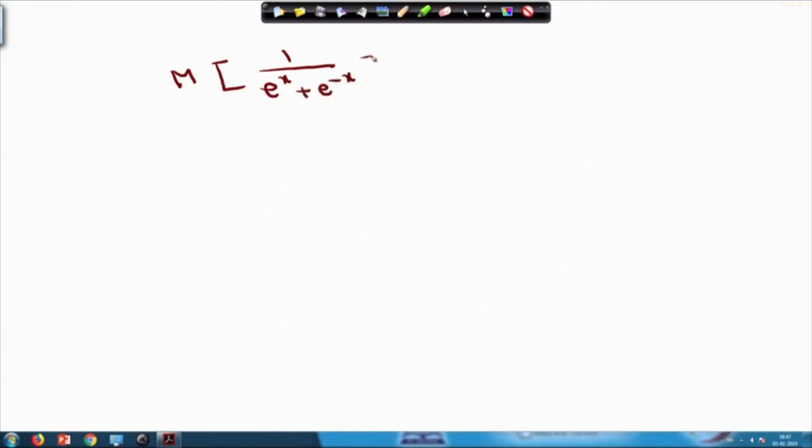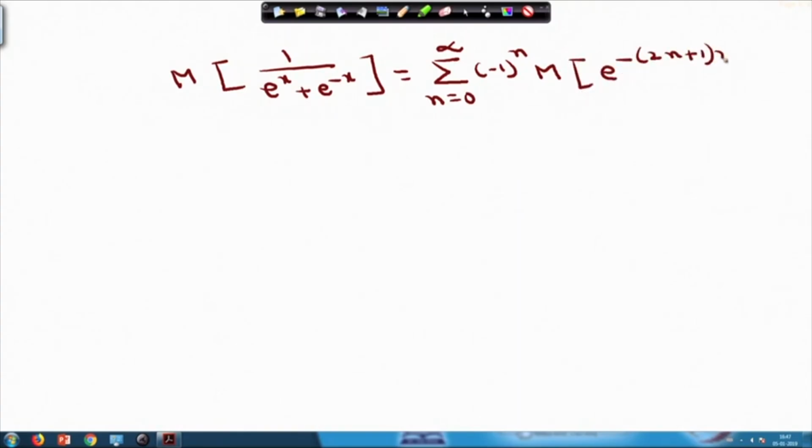So, from here we can write down the Mellin transform of 1 by e power x plus e power minus x. This equals summation n equals 0 to infinity minus 1 to the power n, Mellin transform of e power minus twice n plus 1 into x.